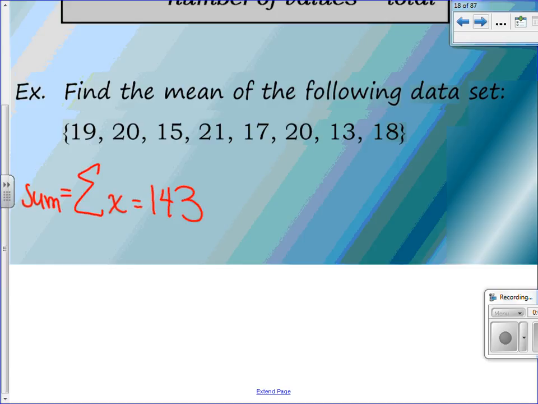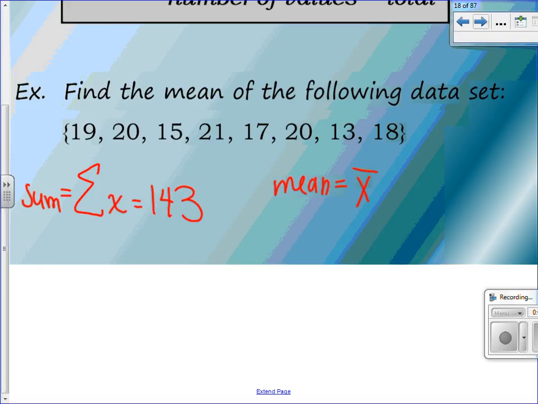So the mean, or average, in the calculator, and when you get into AP stats or stats in college, they can note that by a bar above it.